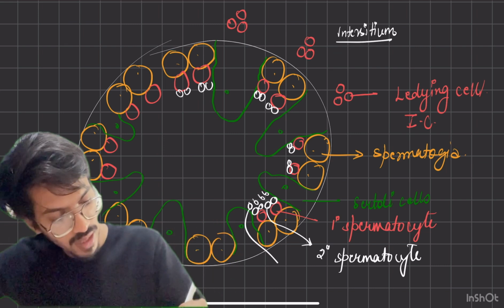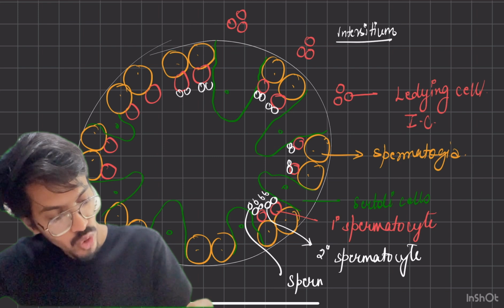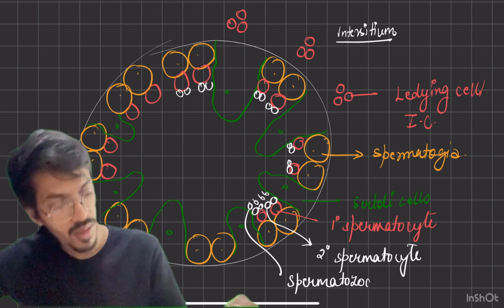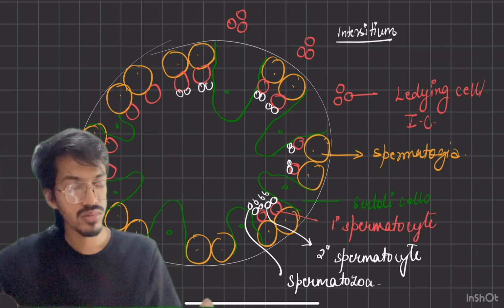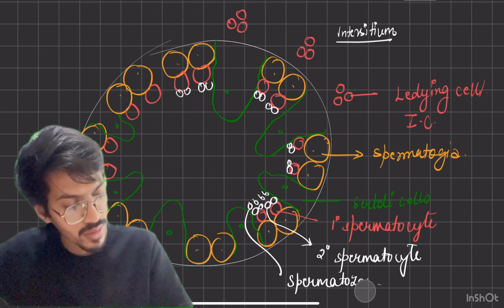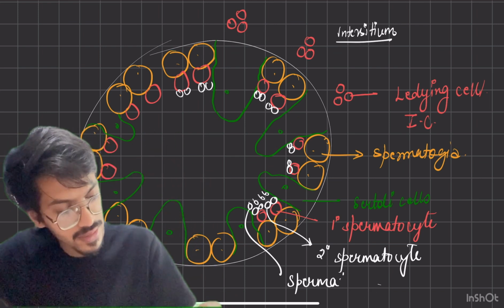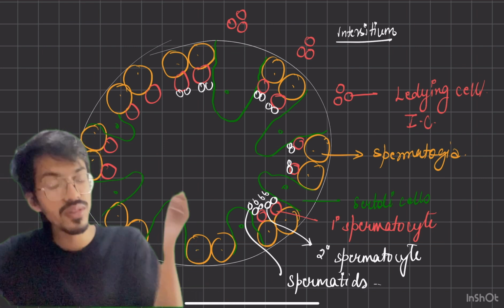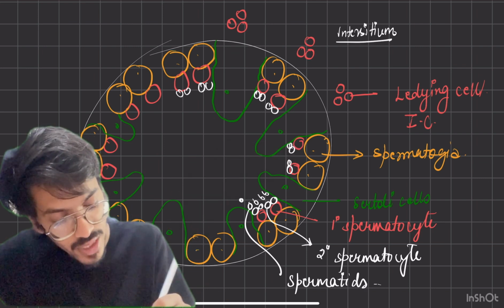spermatozoa. Sorry, not spermatozoa, spermatids. This is the spermatids. Now these spermatids will change into spermatozoa.